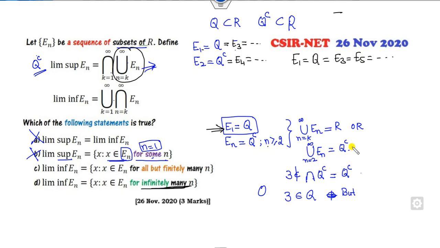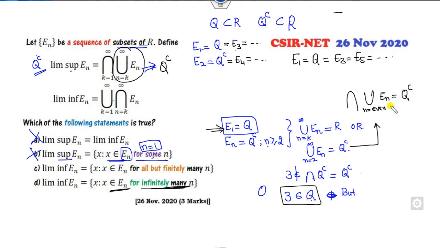So in this case, the even-numbered part is again my Q complement. What is the intersection of this one? Again Q complement. But if I take any element in Q, it does not belong to this one, so this option is also cancelled out.